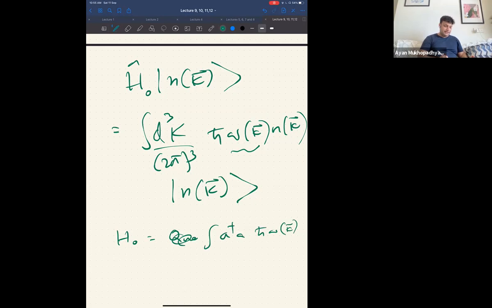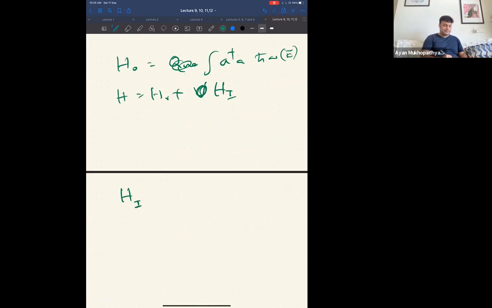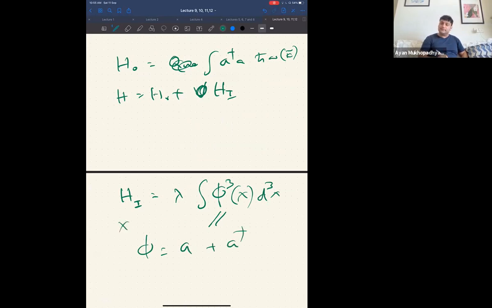This is my quadratic term, but H also has a term, H is equal to H_0 plus some interacting term, let me call it H_I, where H_I is λ times the integral of φ cubed d^3x, right? Now you see what is φ. φ is essentially a combination of a and a dagger, right? Because that is essentially x.